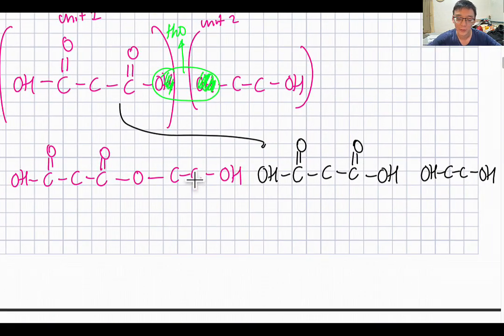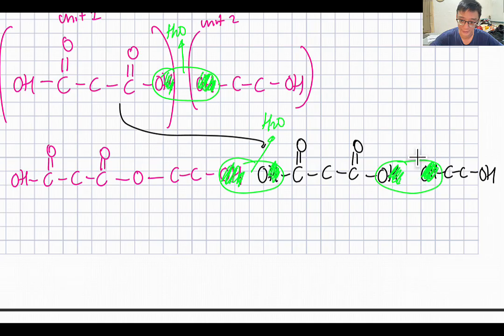So this will also bind around here. Let's say that here I remove OH and here I remove hydrogen. That will produce water also. And unit 1 and unit 2 from the second part will also bind here. So let's say that I remove hydrogen here and OH here, removing one more water molecule. So you get it, actually it will just be repeating.